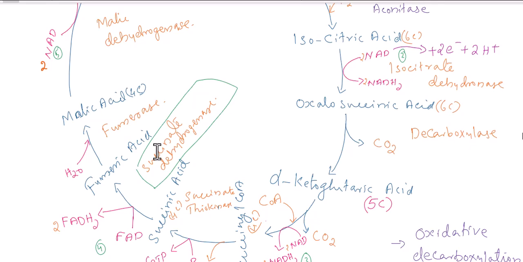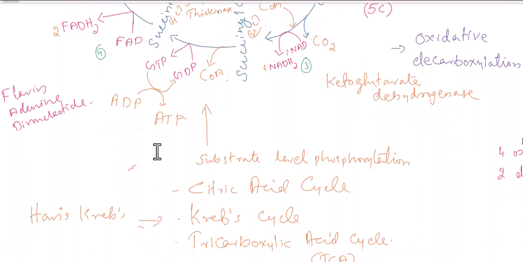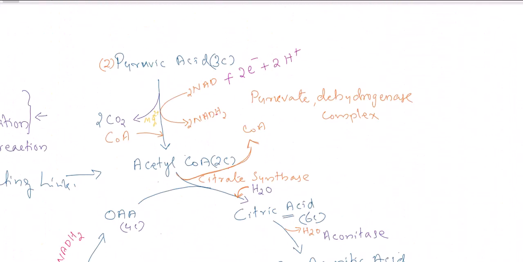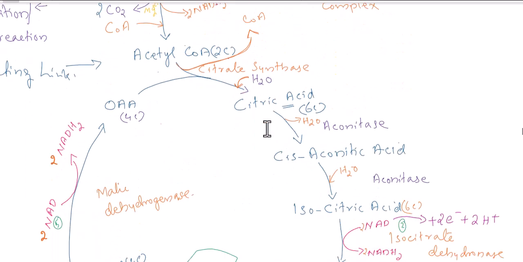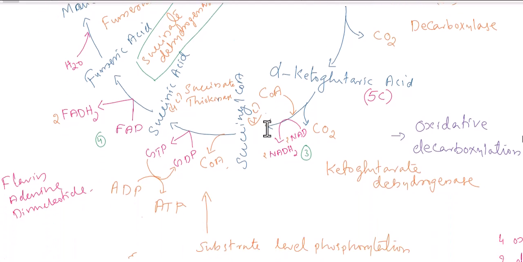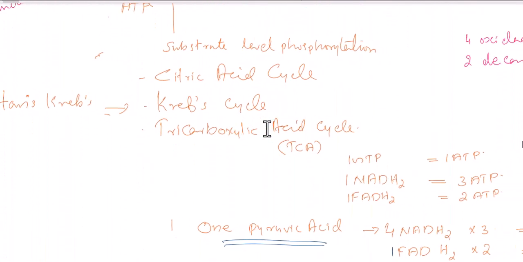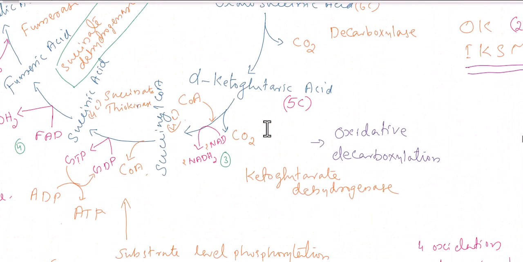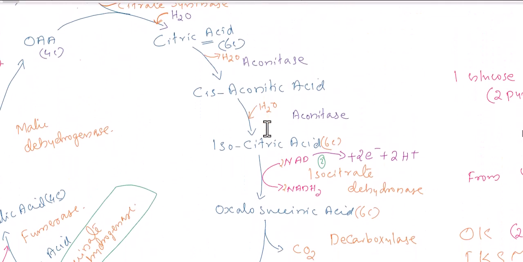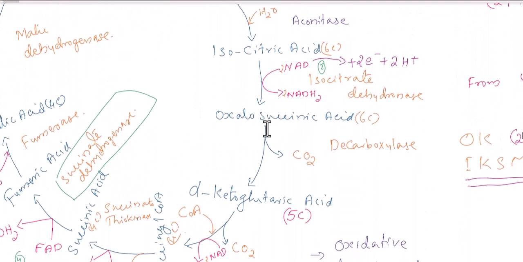So what is the net product? We can see the energy balance of this Krebs cycle. How many NADH2 molecules are produced?